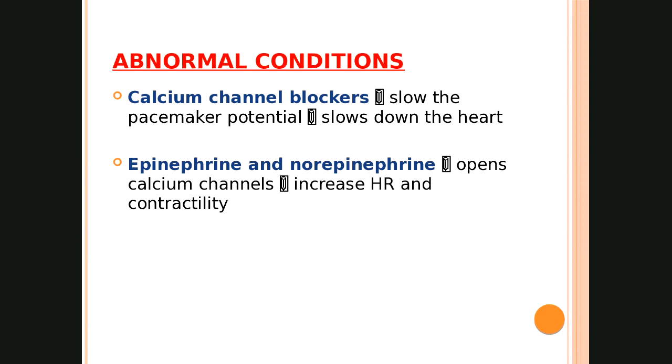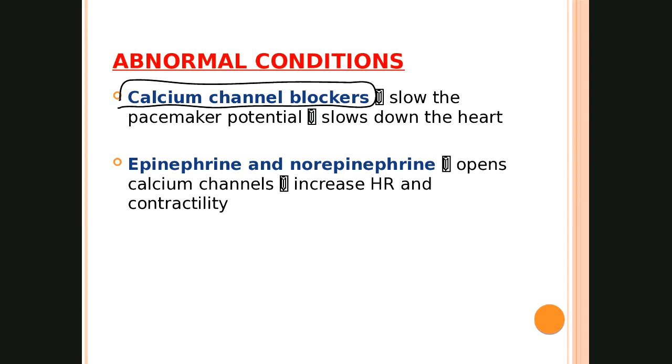All right. The way that we could change the heart rhythm would be, for example, by stopping calcium ions from going into these cells. If we block calcium gates through calcium channel blockers, now we're going to slow down pacemaker cells.